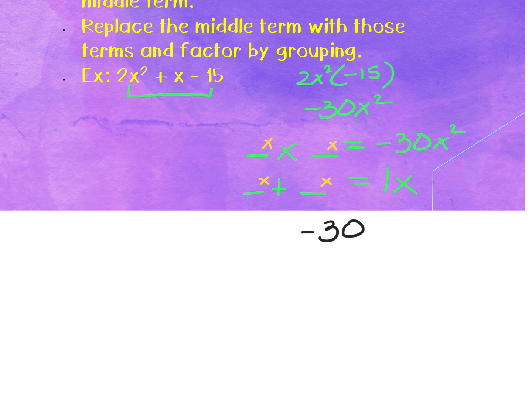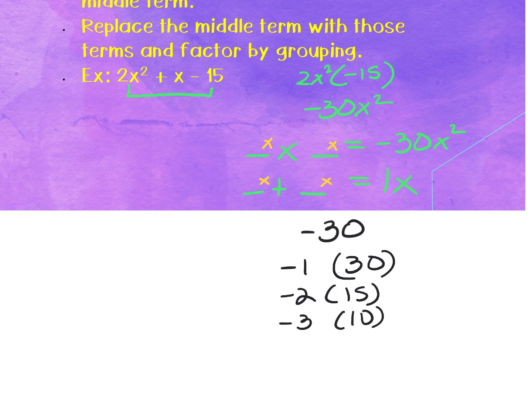So my factors of negative 30 are going to be negative 1 times positive 30, negative 2 times positive 15, negative 3 times positive 10, and negative 5 times positive 6. These will all multiply to give me a negative 30.